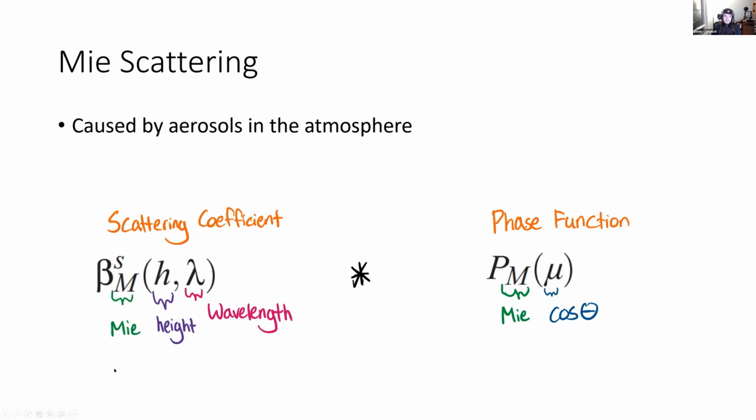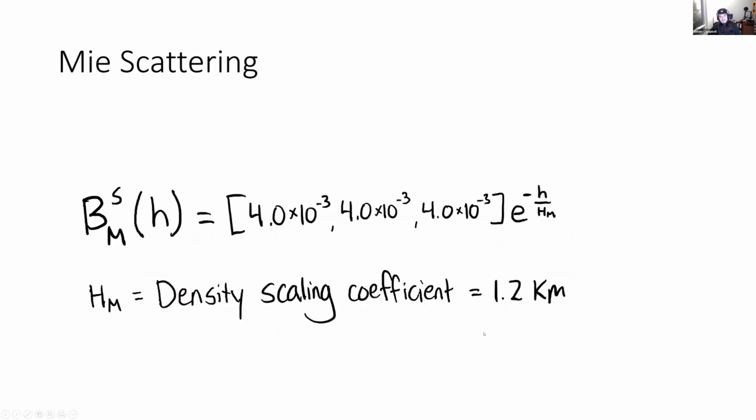So very similar coefficients here, but notice that we use an M to denote Mie scattering. It's the same kinds of functions. Here's the simplified version of the Mie scattering coefficient. Just like the other one, there is a real function that you can use if you have a different atmosphere, but for these purposes, these constants work well.